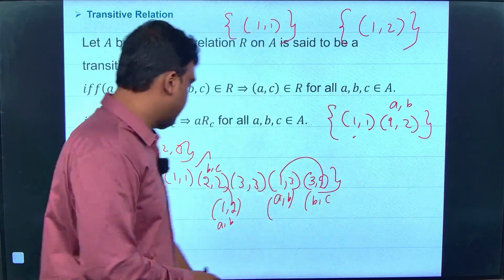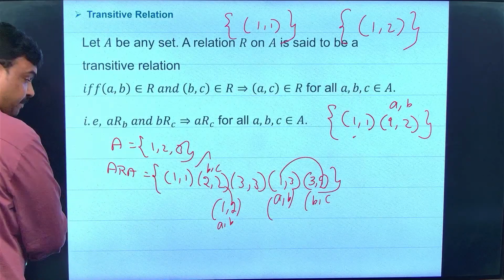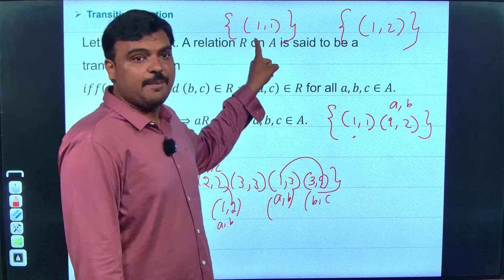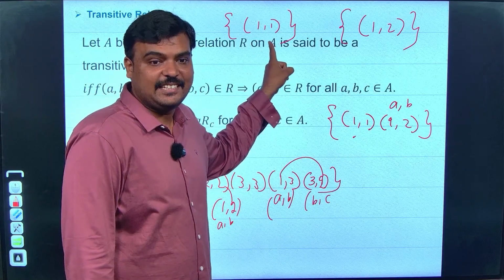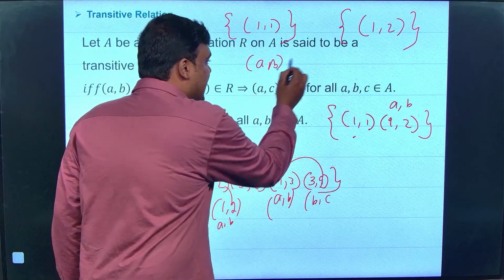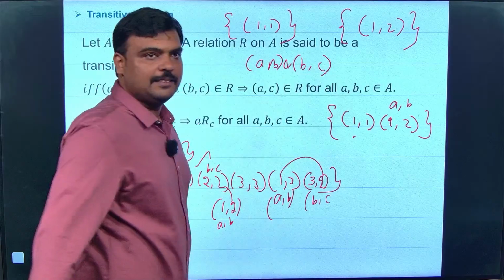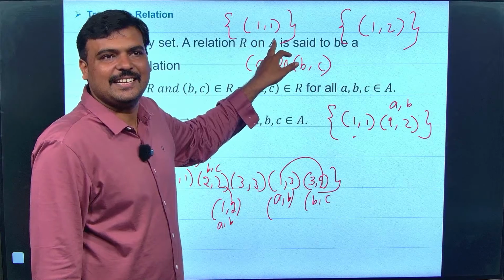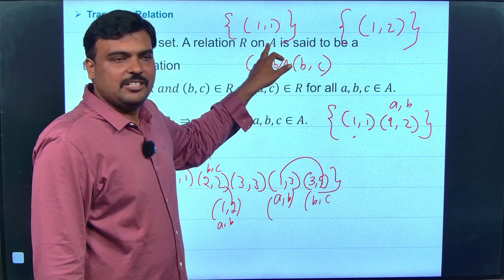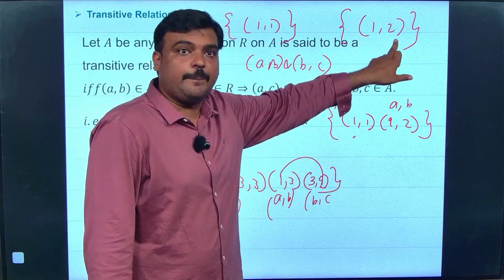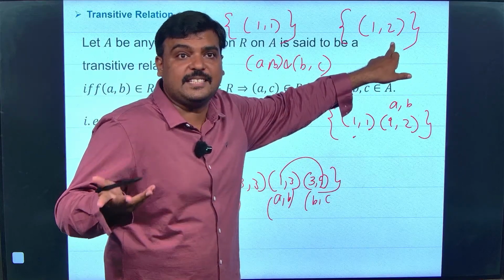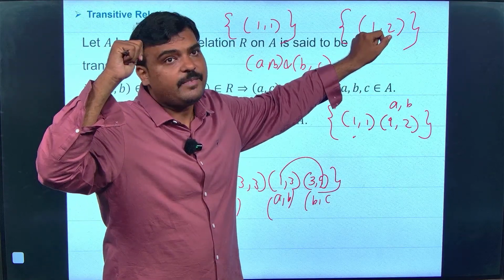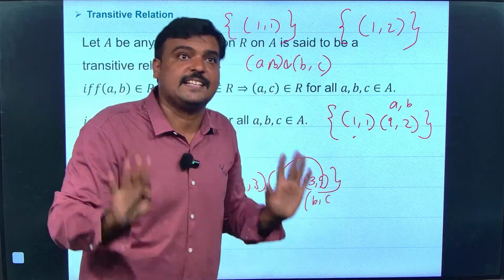Okay. Now, let me take an example. Can you please explain how 1 comma 1 is transitive? See, when I have 1 comma 1, what does the transitive condition say? If I have A comma B and B comma C, then I need to worry about A comma C. Here I have A comma B, but I am not having B comma C. Only if both are there do I worry about A comma C. If I don't have anything, then also it remains transitive.